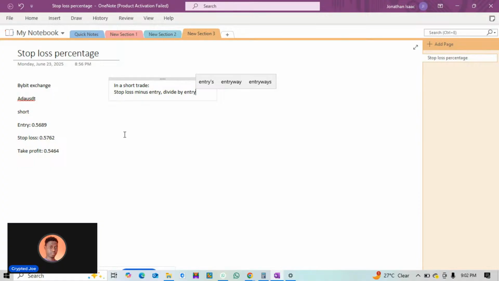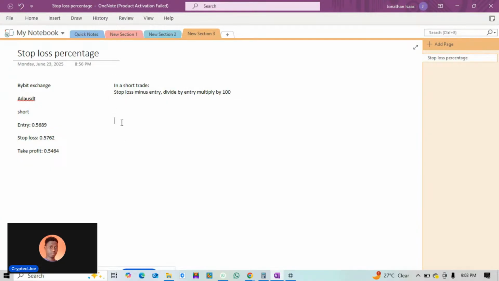So once you do stop loss minus entry, whatever answer you get, you press your equals to, then you divide by the entry again, you press your equals to. So stop loss minus entry divide by entry, you press your equal to, then you multiply by 100. Now this is for a short trade.